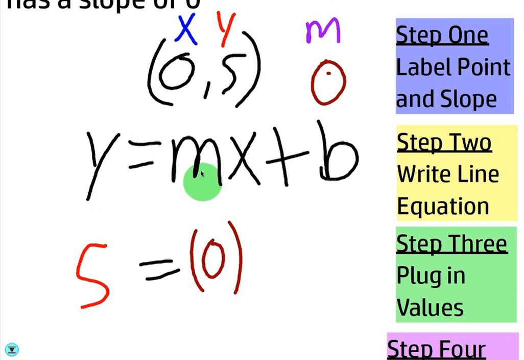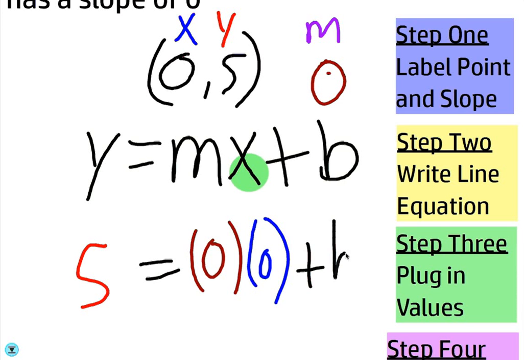I'm going to plug in a 0 for x, put that in parentheses, and then it's going to be plus b. So those are your first 3 steps, real easy. You always label the point the same, x and y. You always label the slope m, and you plug it into the same formula for every single one of these. Okay?